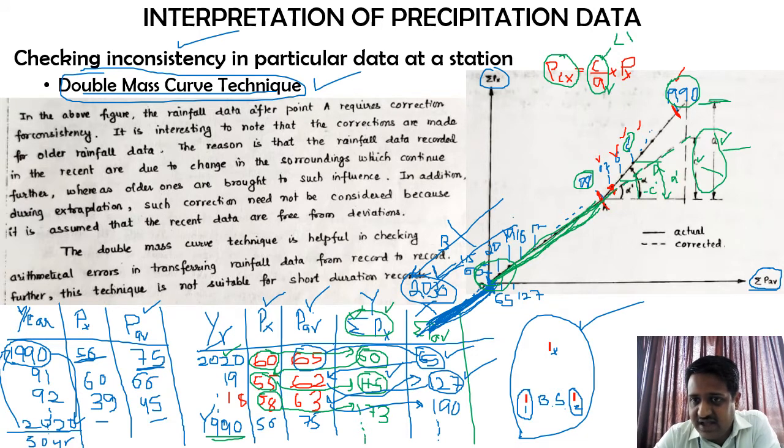So this ratio will always be less than 1. Whenever you multiply this Px value, imagine for this 2005 that we just discussed, just for the sake of simplicity, imagine this Px value over here is 105.